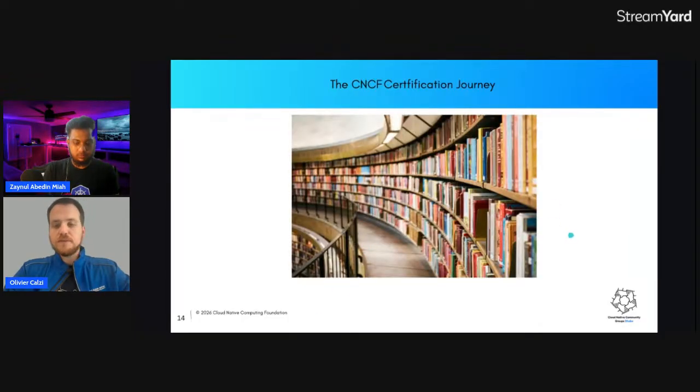So how to do it? A few things helped me. A lot of books helped for sure, because when I did it last year, not all of the exams were available as training. I'm a user of KodeKloud since 2020. They have really good training and really good labs, and they are often recommended for good reason, because they are good.